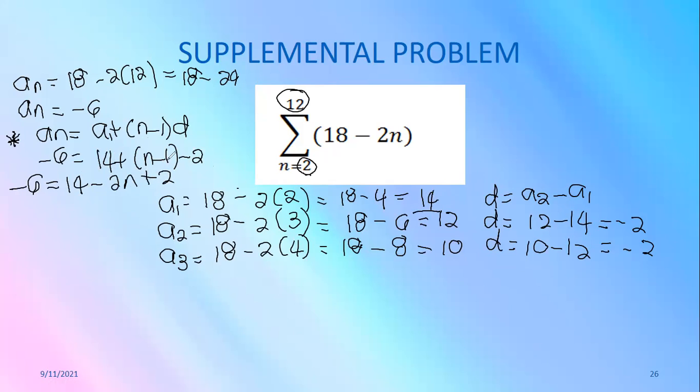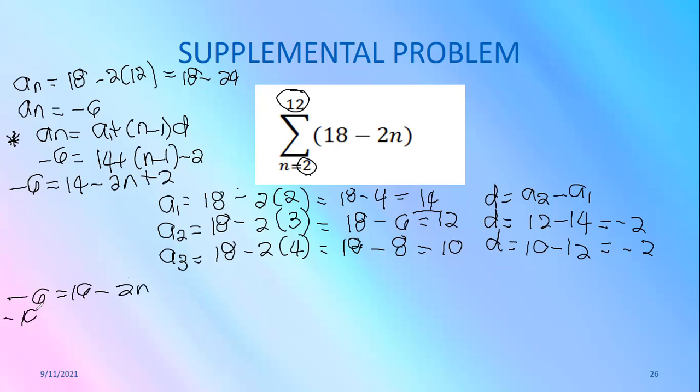Okay, bakit negative 2n? Negative 2 times positive n, negative 2n. Negative 2 times negative 1, positive 2. Okay, so magiging ganito na siya. So negative 6, which is equal to 16 minus 2n. So gagawin ko lang is subtract 16.